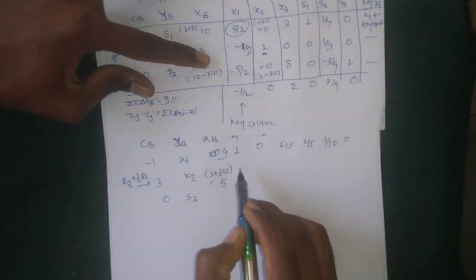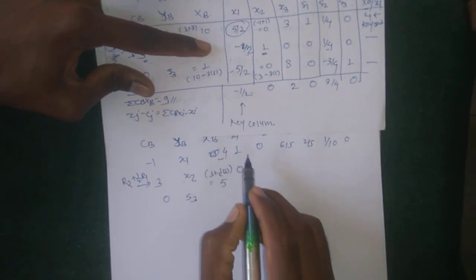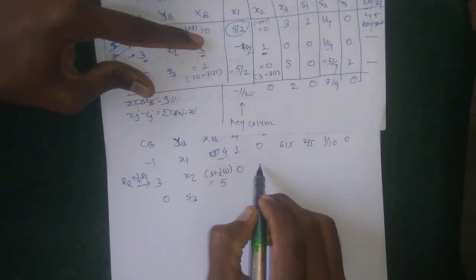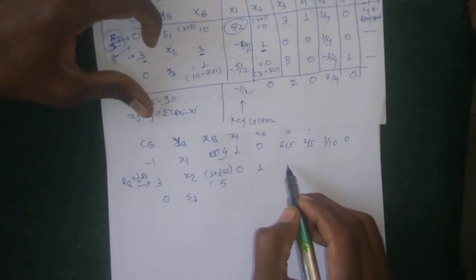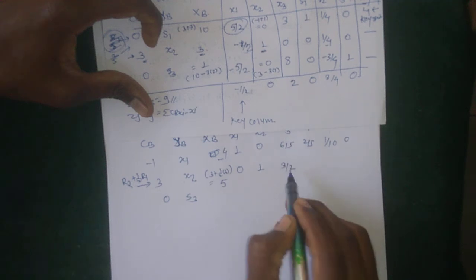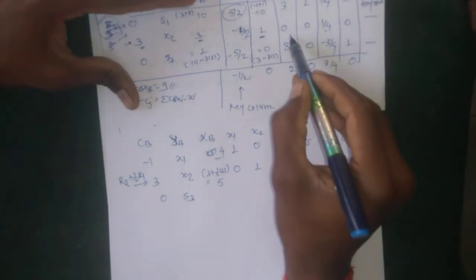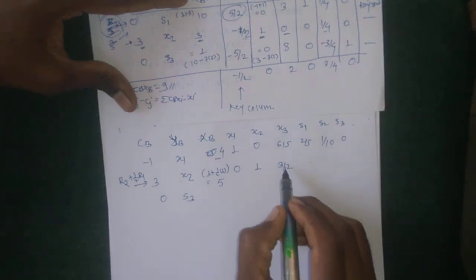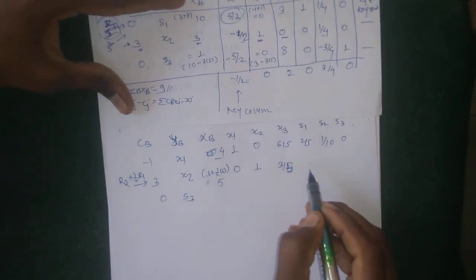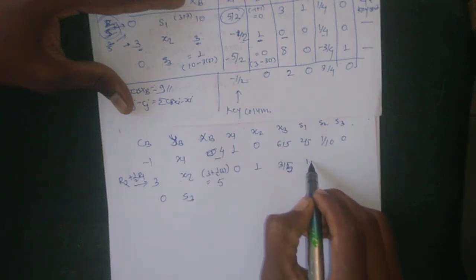Then minus 1 by 2 plus 1 by 2 we get 0. Then 1 plus 0 is 1 as it is. Then the third is 0 plus 3 by 2, we get 3 by 2. Then 0 plus 6 by 5 into 1 by 2, we get 0 plus 3 by 5, which is 3 by 5. Then lastly 0 plus 1 by 5, we get 1 by 5.